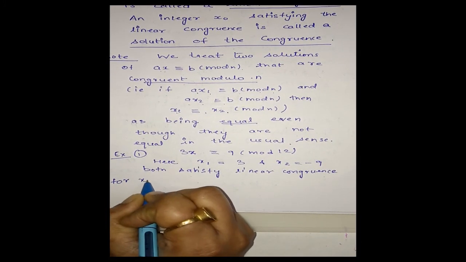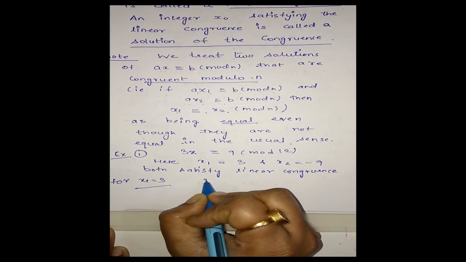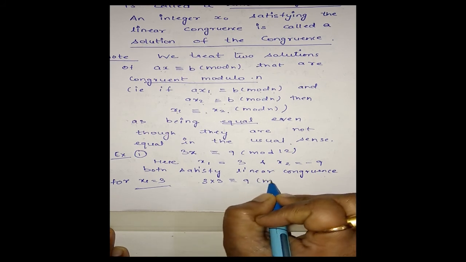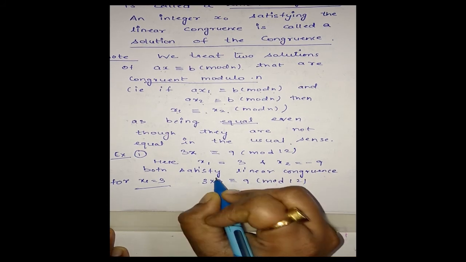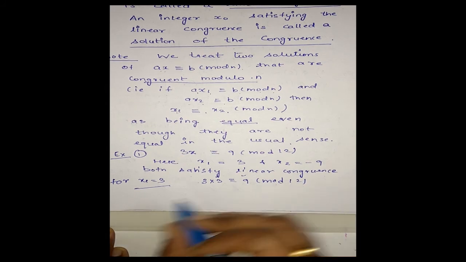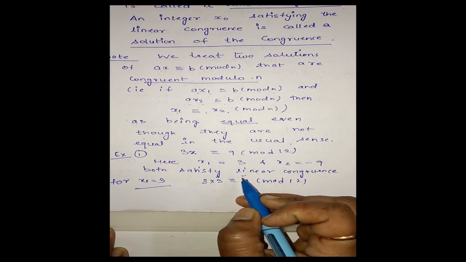For x1 equal to 3, 3 into 3, that is 9, is congruent to 9 modulo 12. Here we have 9 and 12 divides 9 minus 9, that is 0. Clear? That means x1 equal to 3 is a solution.